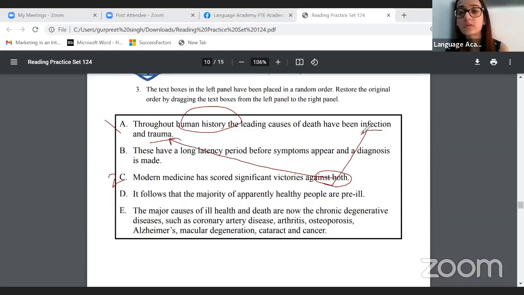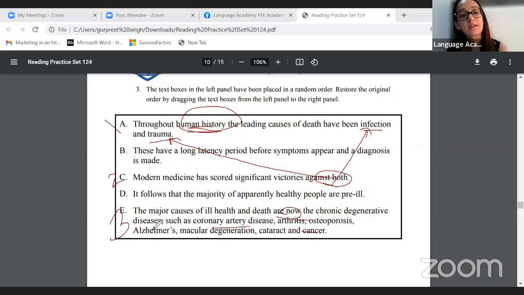So reference works here. When you have things like these, those, such, both, then you use reference in that case. So we have finished the story of past history. Now what you say, the major causes of ill health and death are now the chronic degenerative diseases such as arthritis, cancer, macular degeneration, Alzheimer's, cataract, all these are the now diseases.